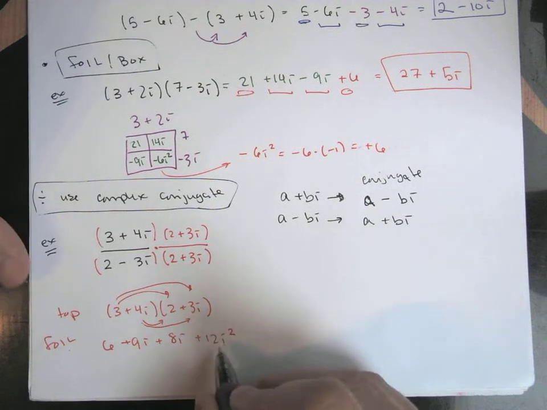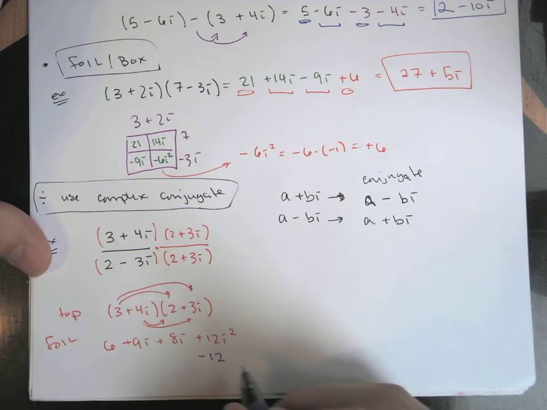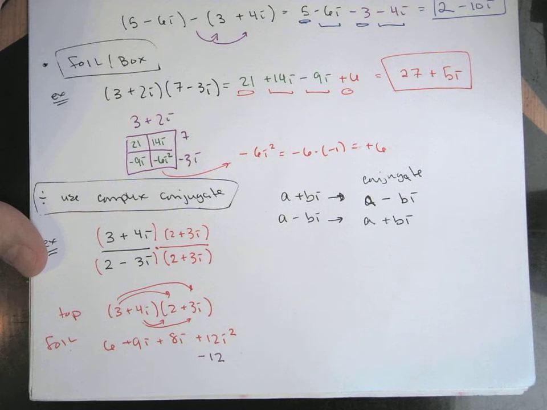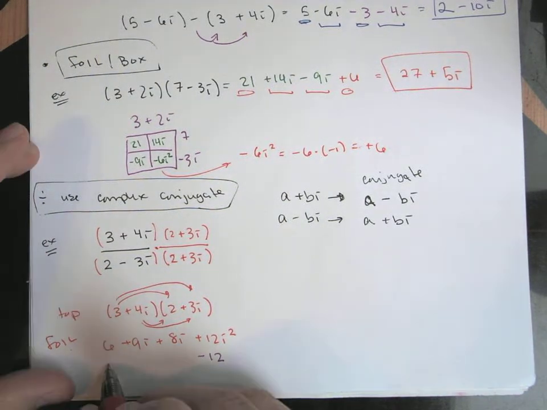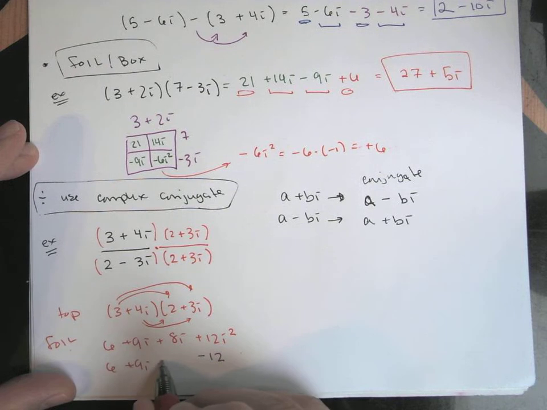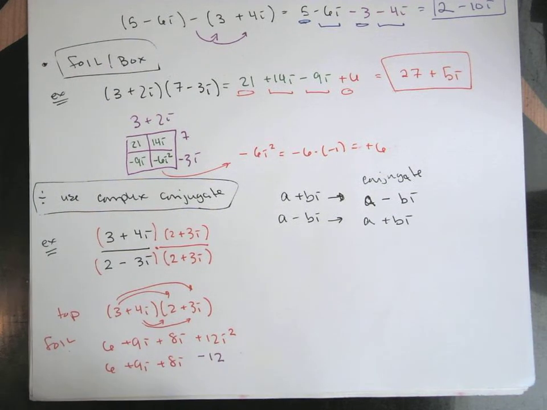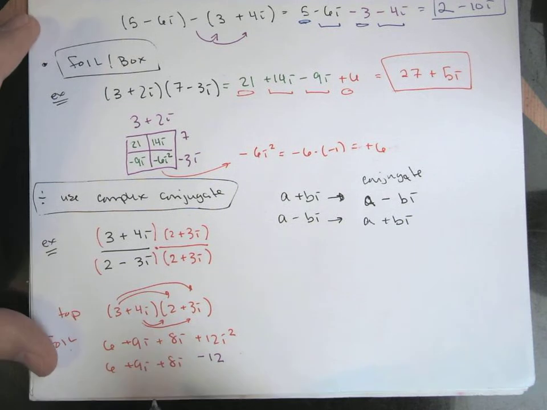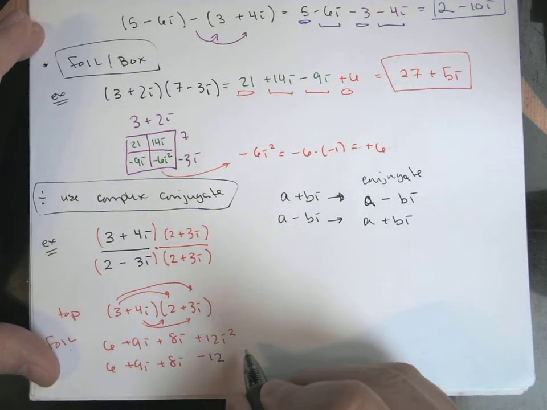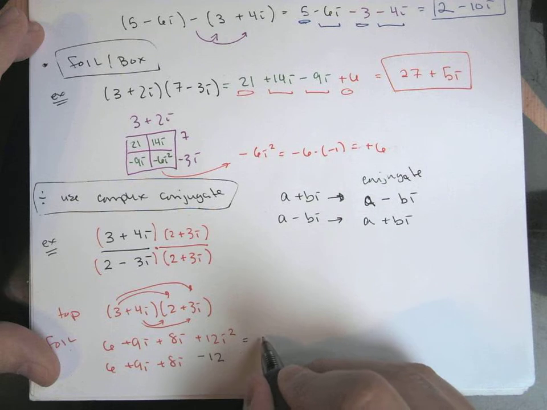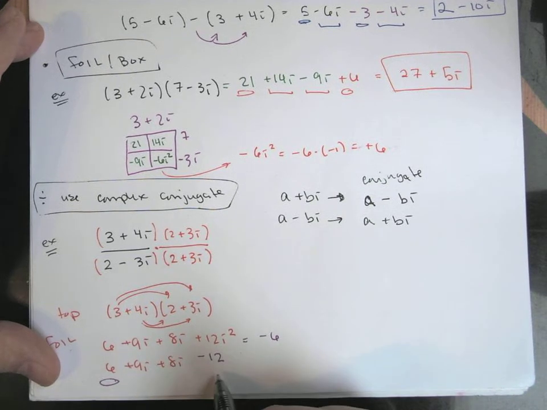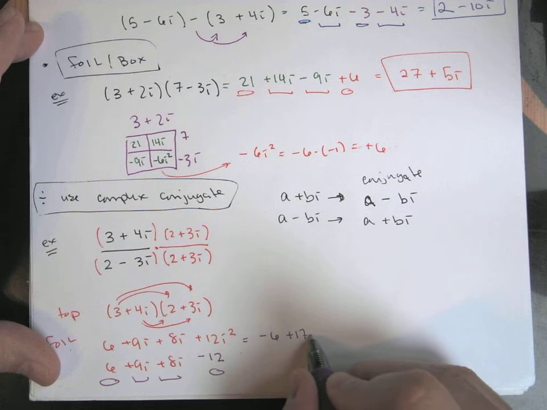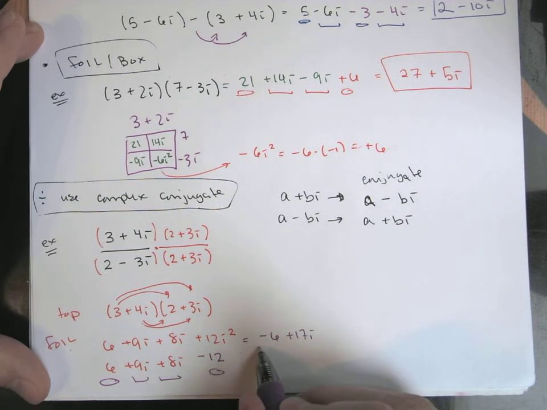But, as we just said, that's going to become minus 12, because i squared is going to be minus 1. So this is 6 plus 9i plus 8i. And then we can keep going. So this is going to be 6 minus 12 becomes for us negative 6. 9i plus 8i is plus 17i. So that's our top.